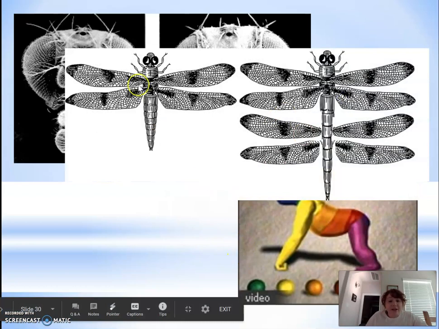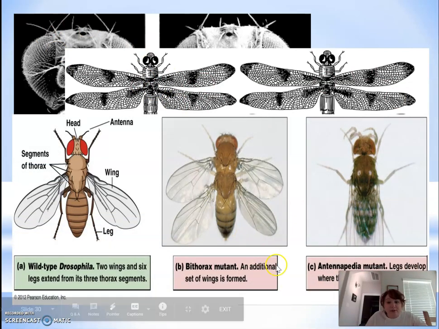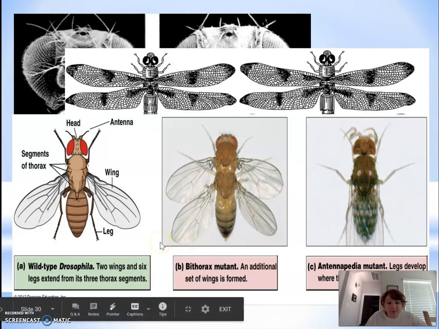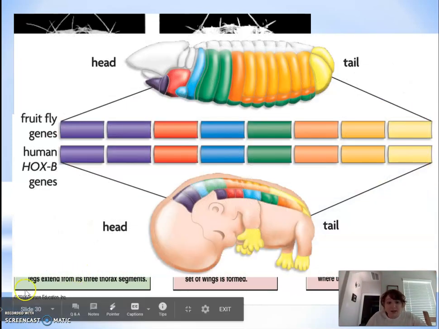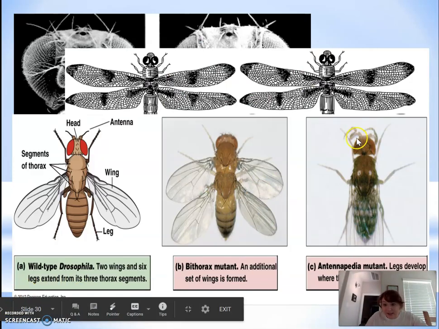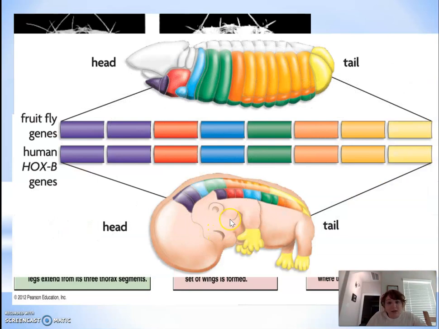In a dragonfly, you can have the 2 or 4 wings versus actually having 8 wings. That's where we have a mutation that causes more wings than normal. And then here you can see the legs coming out instead of antenna. Here, this is fruit fly, this is the human.